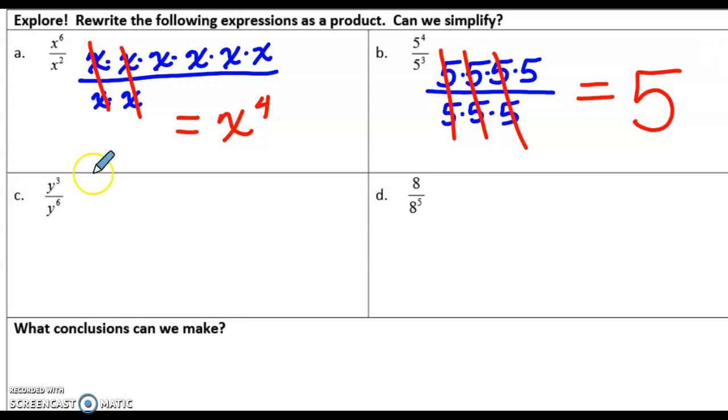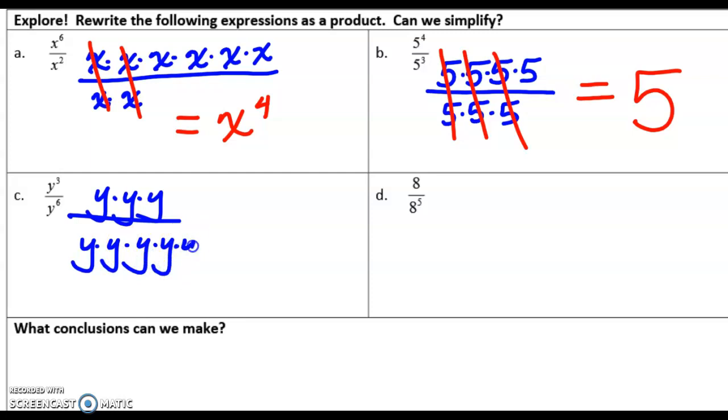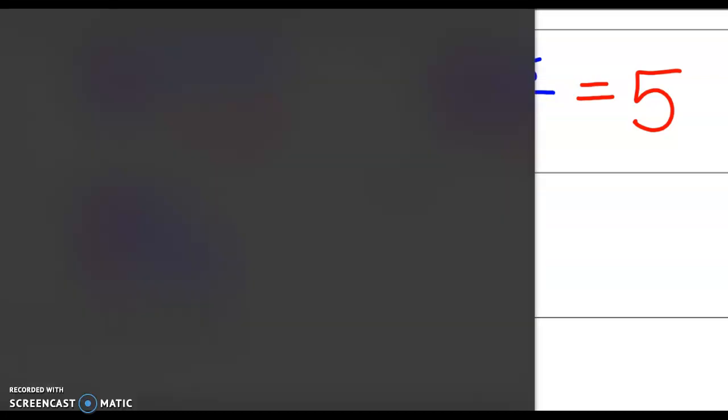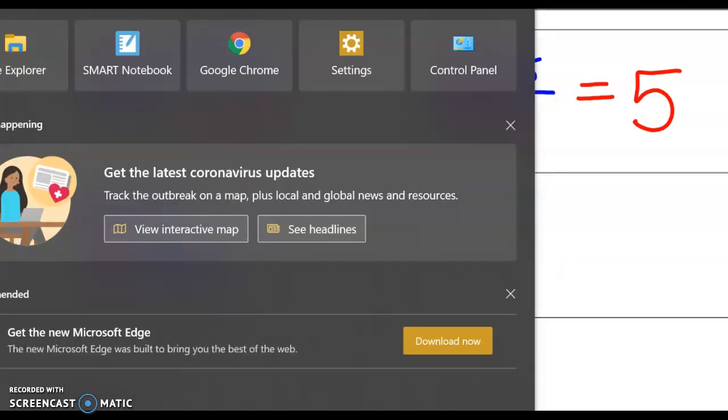In our third example, similar situation. We have 3 y's here. Down here we have 6. And we are looking for forms of 1. Form of 1, 1, 1.